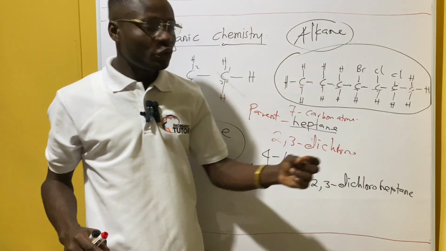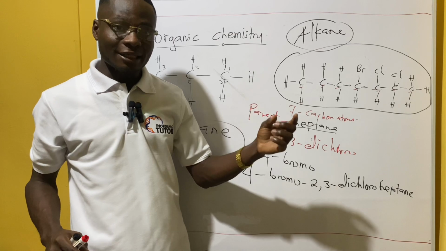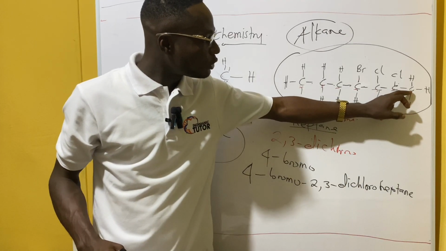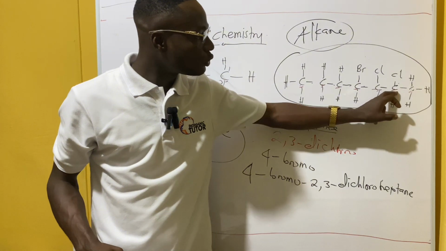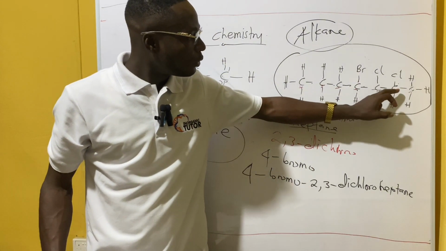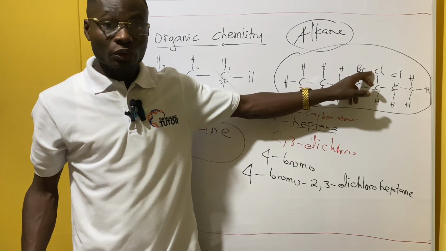And this is how you name those substituents. You count from the shortest distance. So this right here, you can see that when you count 1, 2, you reach the first chlorine. 1, 2, 3, you reach the next chlorine.